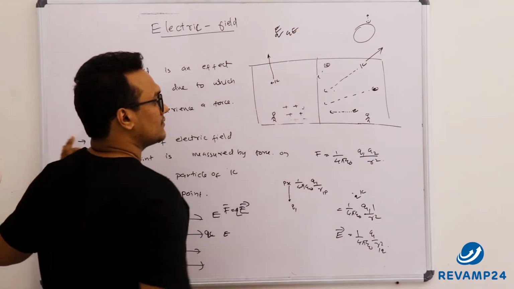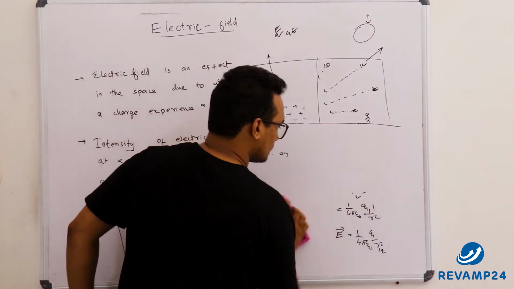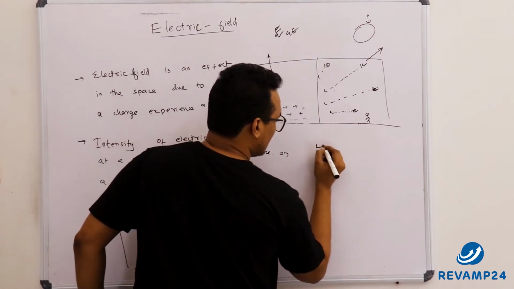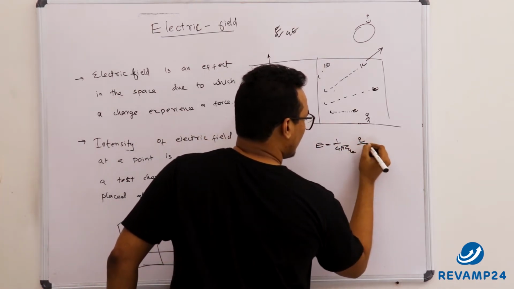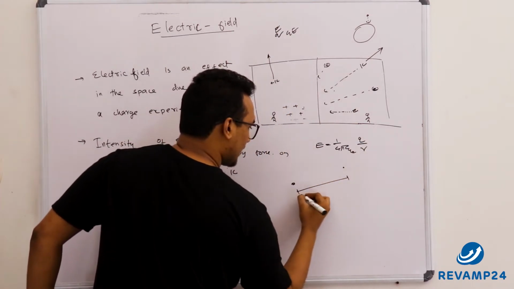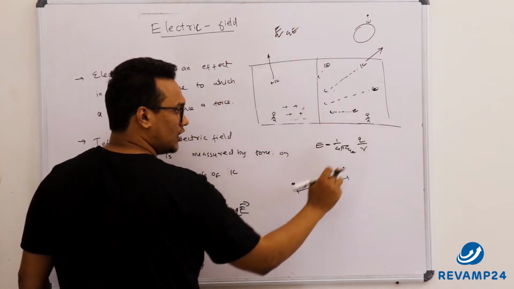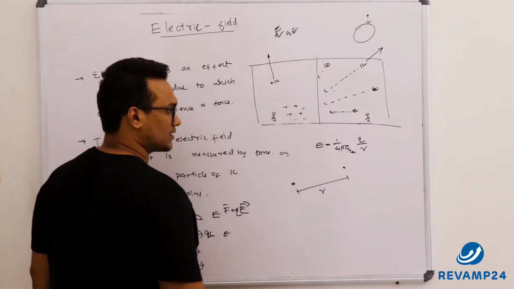See? Now this can also be derived in one more way. The equation for electric field is 1 by 4 pi epsilon 0 Q divided by R square. So the electric field due to a point charge at a distance of R away from the point charge is equal to 1 by 4 pi epsilon 0 value of point charge divided by the distance between the point and the source charge.